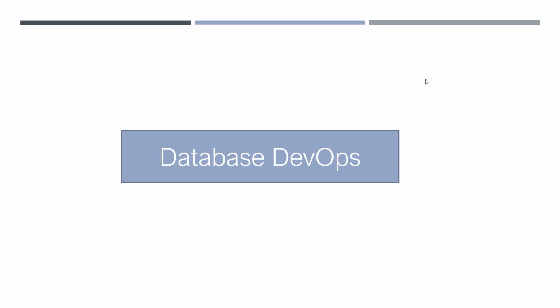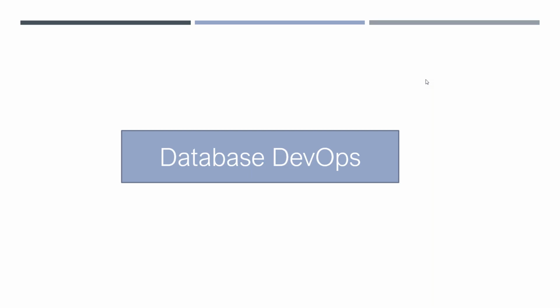Yeah. Okay. Thank you. So, database DevOps. People have started using DevOps slowly, and of course 30-40% of companies are already using it, and many of the rest of the organizations are also moving towards DevOps.